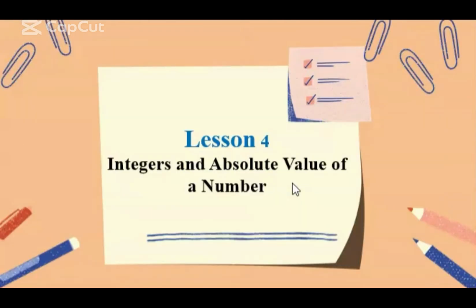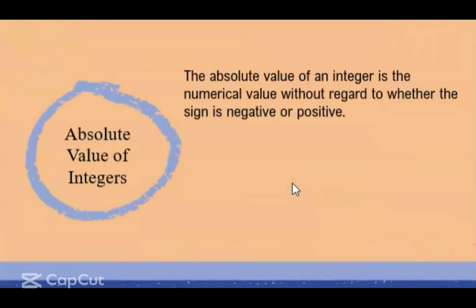So we have the integers and the absolute value of a number. So what is that? Absolute value of integers. Una, yung absolute value daw is the numerical value itself, regardless of the sign.